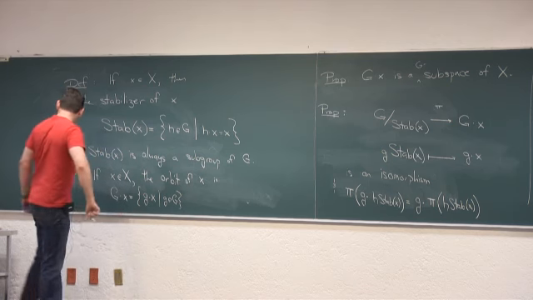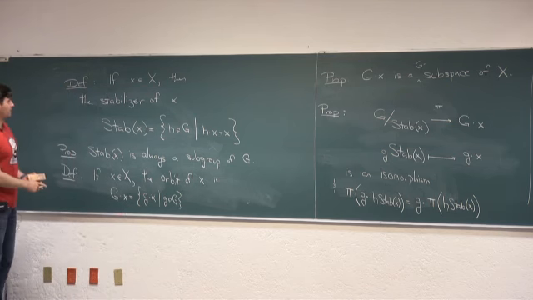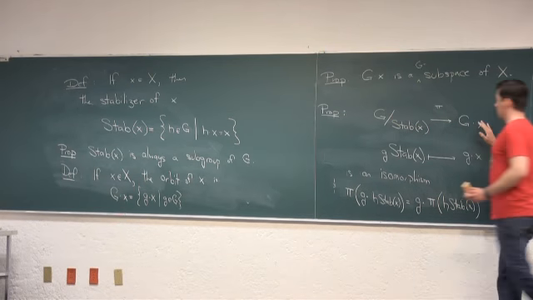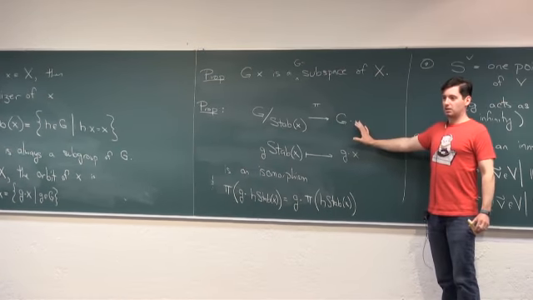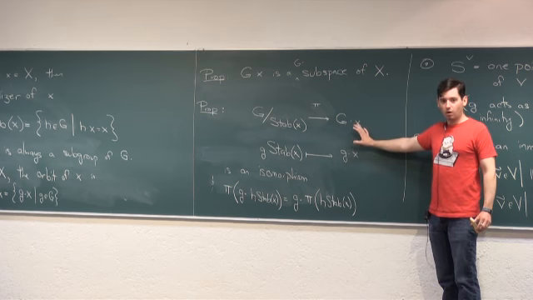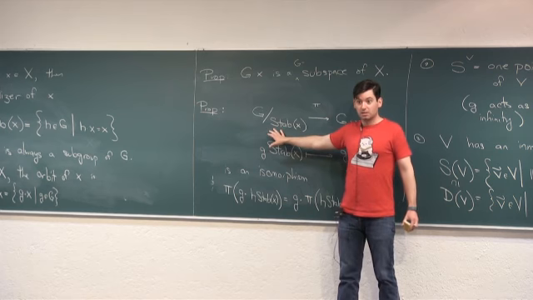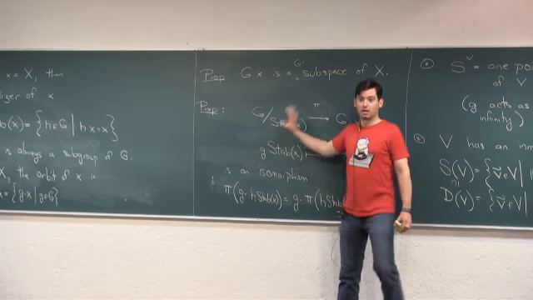So with this notion of the stabilizer and the orbit, I'm able to classify all possible orbits that show up. And the classification of orbits that show up is the same thing as the subgroups that arise as stabilizers. If you know the one, then you know the other by this.